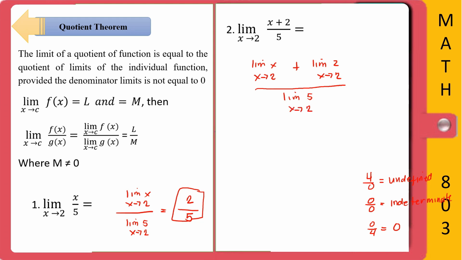Since this is an example of the identity theorem, we have 2 plus, and then the limit of 2 as x approaches 2 is an example of a constant wherein the value of k is 2. So we have 2 over, also the denominator is a constant theorem, so we have 5. So our final answer, we have 2 plus 2 is 4 over 5, or the final answer will be 4/5.